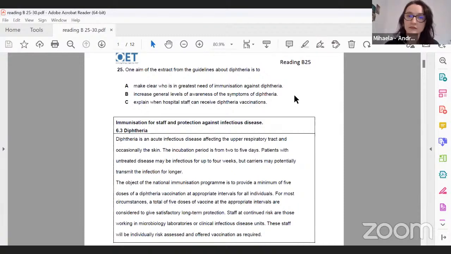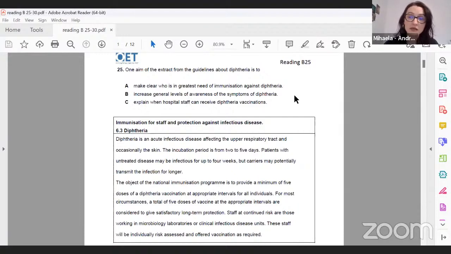And I would say B can be eliminated, but I'm not sure. If you were to eliminate, why would you eliminate? Increase general level of awareness. Well, I think B is the correct one. Why? They said increase awareness, being promoted, make people aware of symptoms.